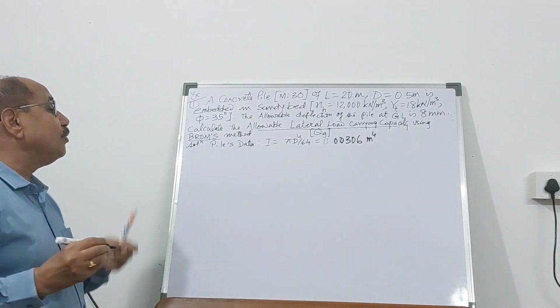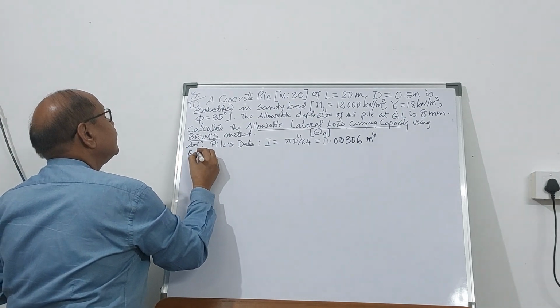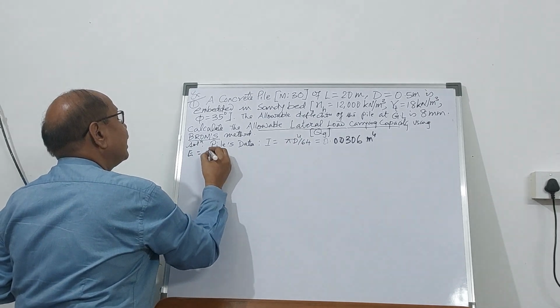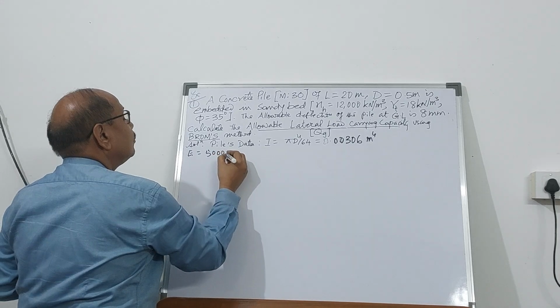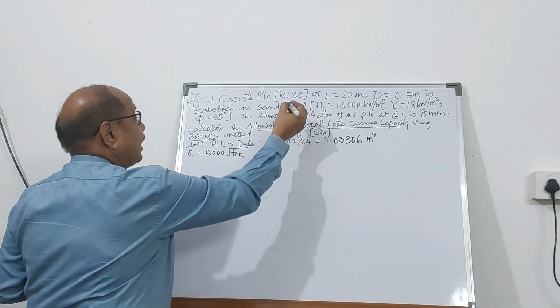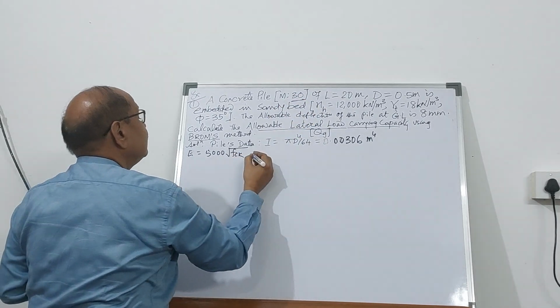So once you know the moment of inertia, find out the modulus of elasticity of the pile. The modulus of elasticity of the pile is given by the formula 5000 under root fck. Fck, you know, for M30 is going to be 30 megapascal.